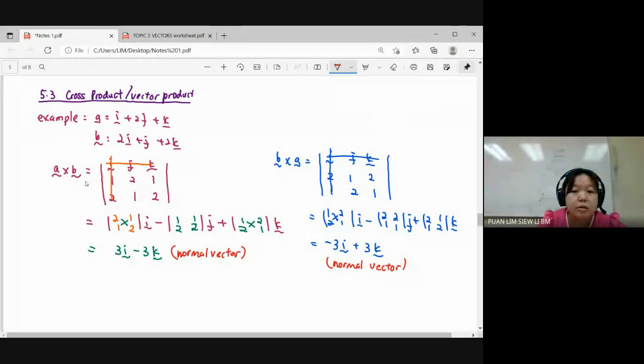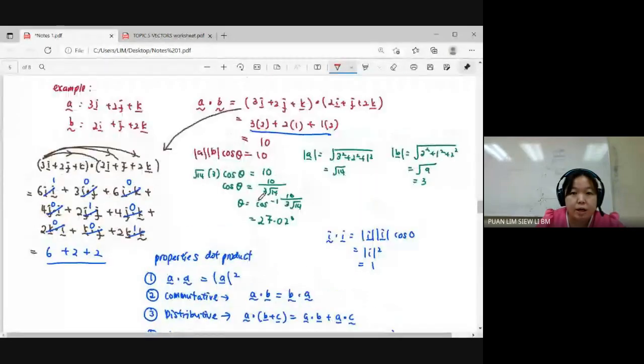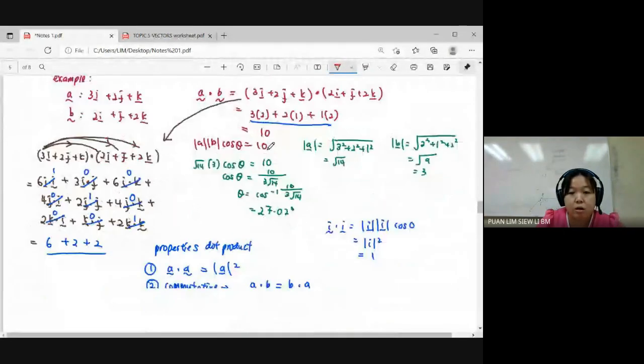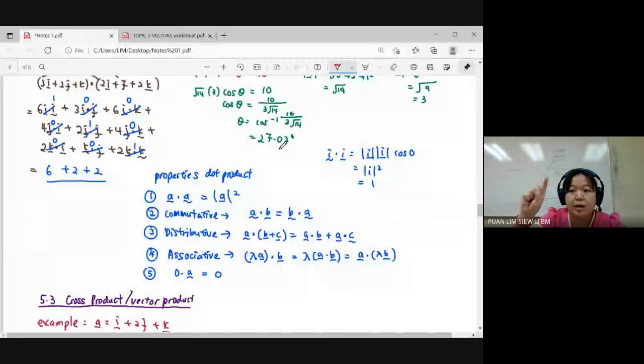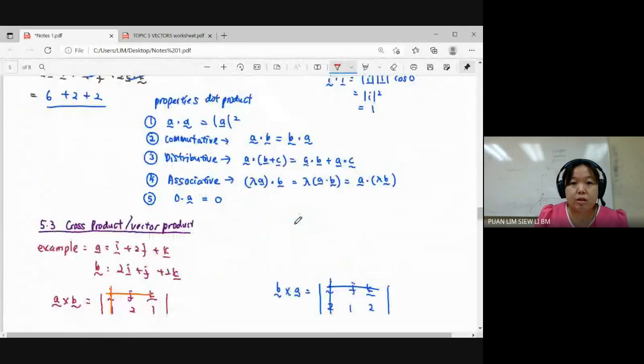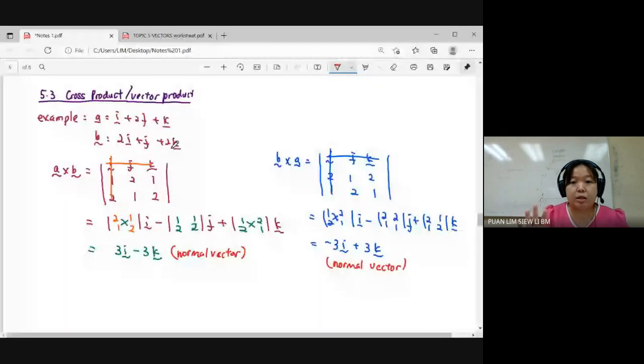So macam tu. So inilah bezanya dot product dengan cross product. Dot product tak ada masalah. Angle, you want this, still angle yang sama. So that's why in dot product we have a properties about commutative law. So in cross product you jangan buat dia terbalik.